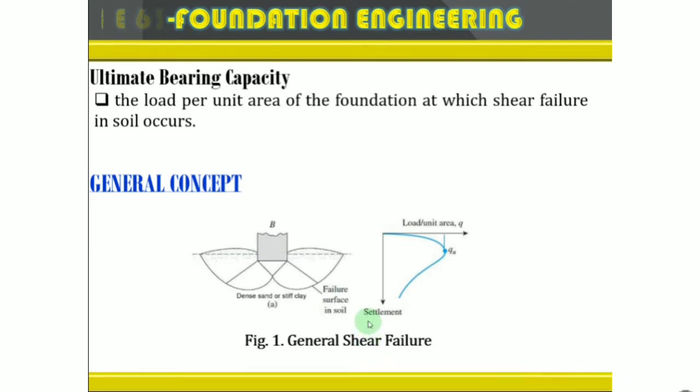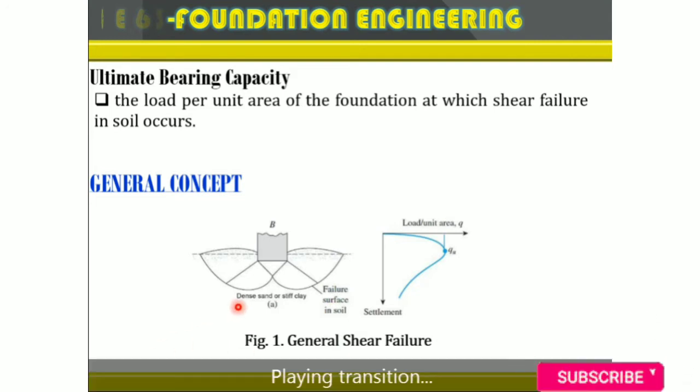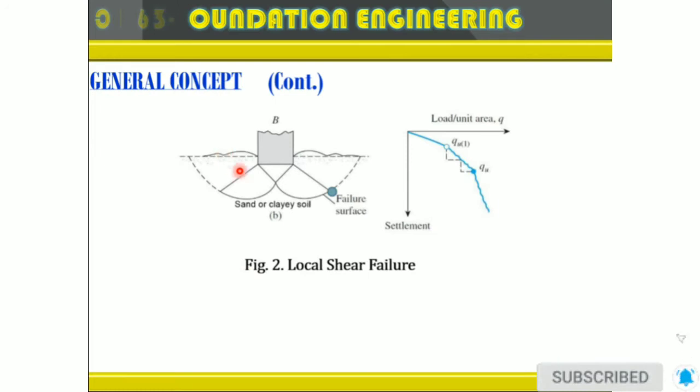Proceeding now to our next slide, we have the local shear failure. From this figure, as you can see, the foundation under consideration rests on sand or clay soil, which is considered to be of medium compaction.